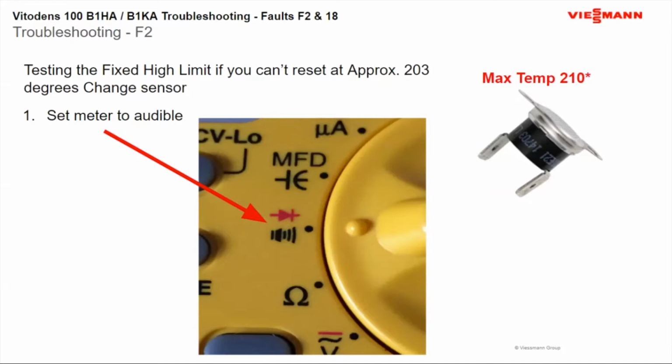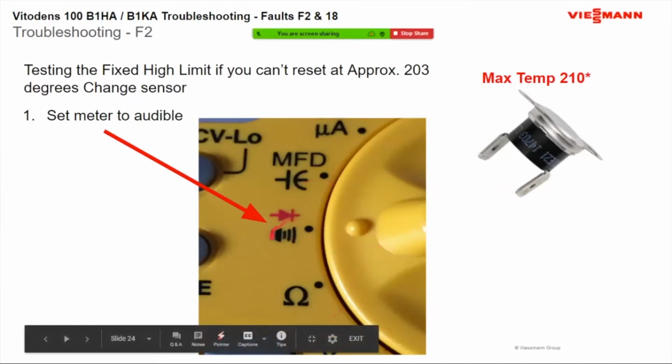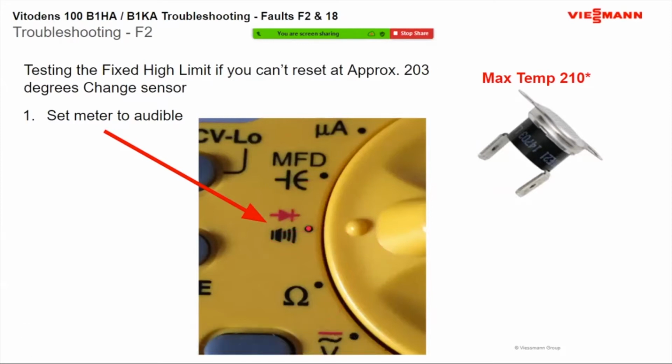We're going to set our meter to audible, which on anybody's meter looks like a speaker with volume coming out. You're going to set it to there, and we're going to check to see if the switch is open or closed. If it's open, that means we exceeded the 210. If it's getting a beep like you'll see in the video, that means it's closed and it's working.